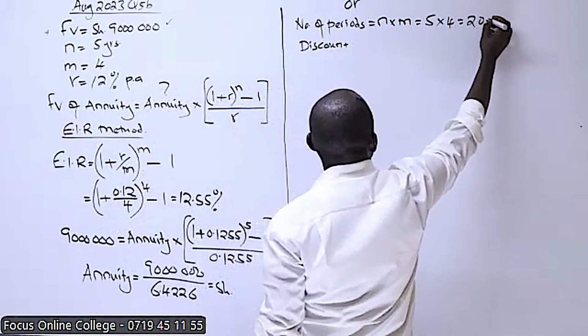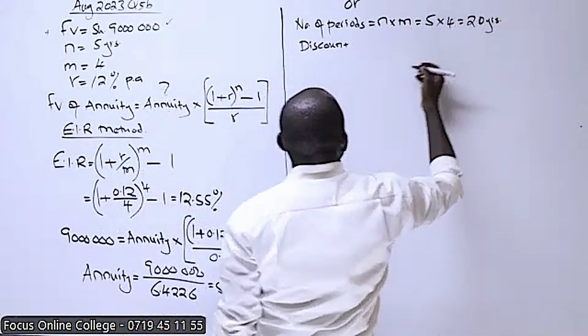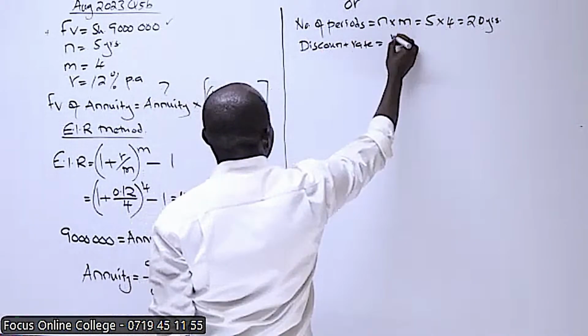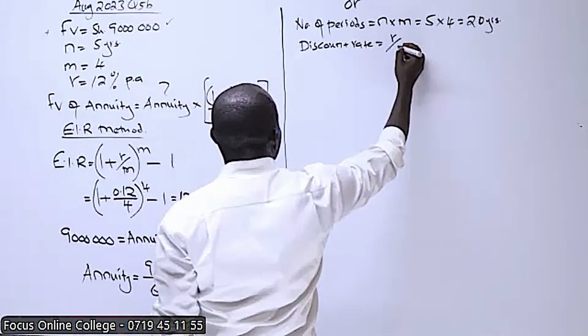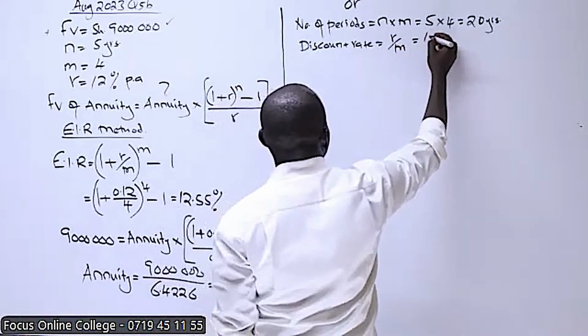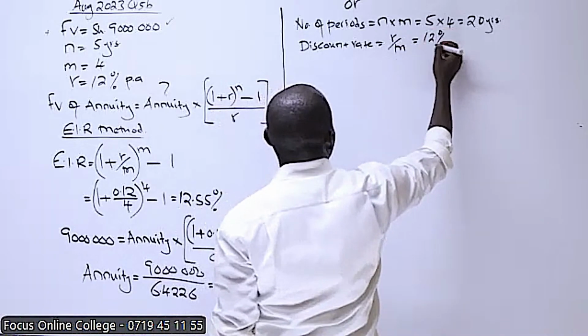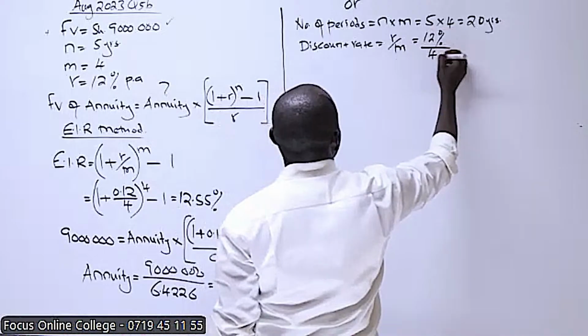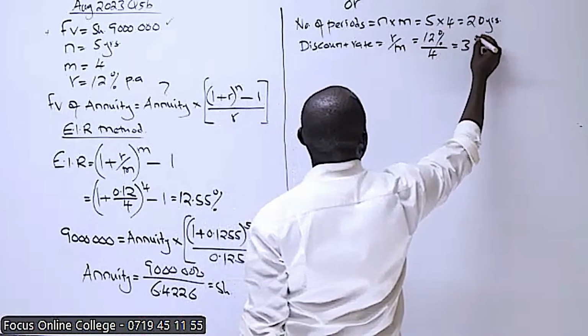You get 20. Then discount rate will be R over M, not 2. So 12% divided by 4, we will get 3%.